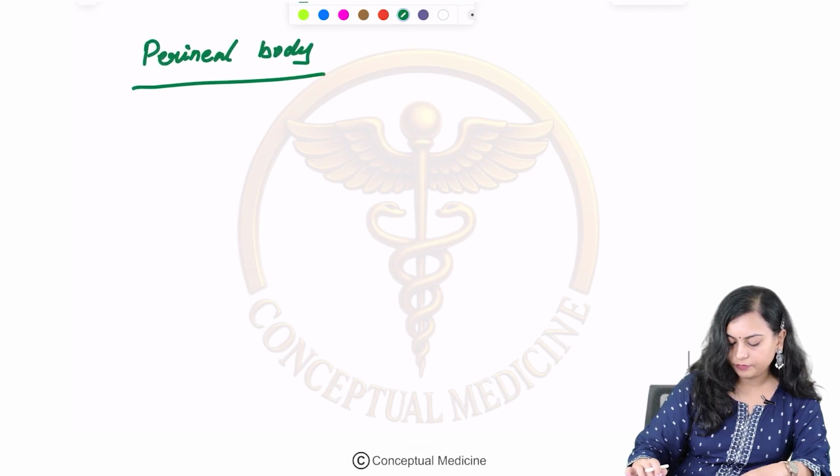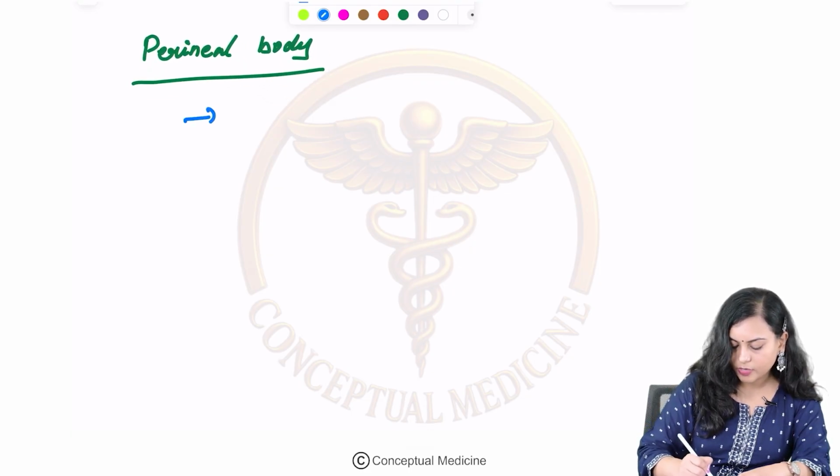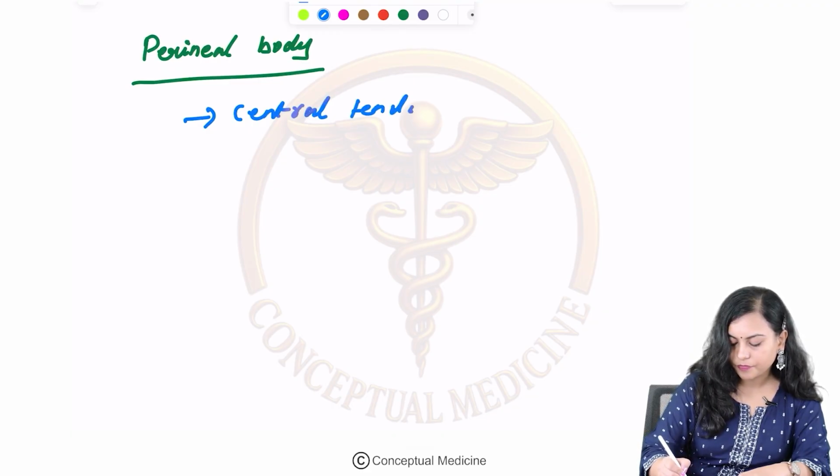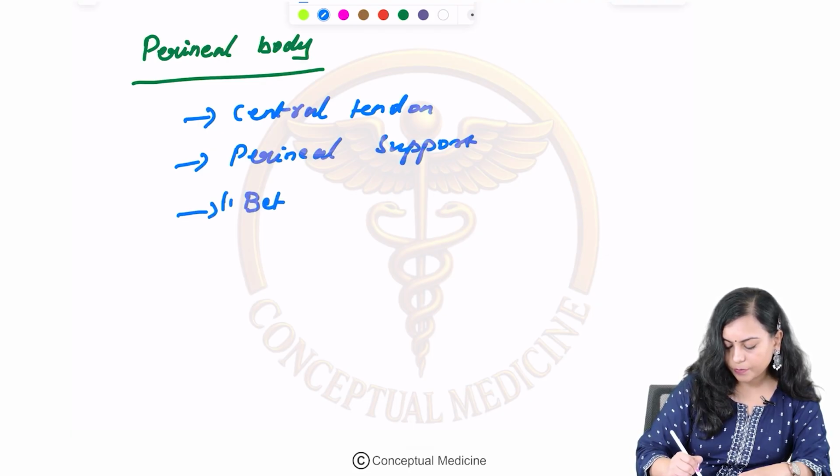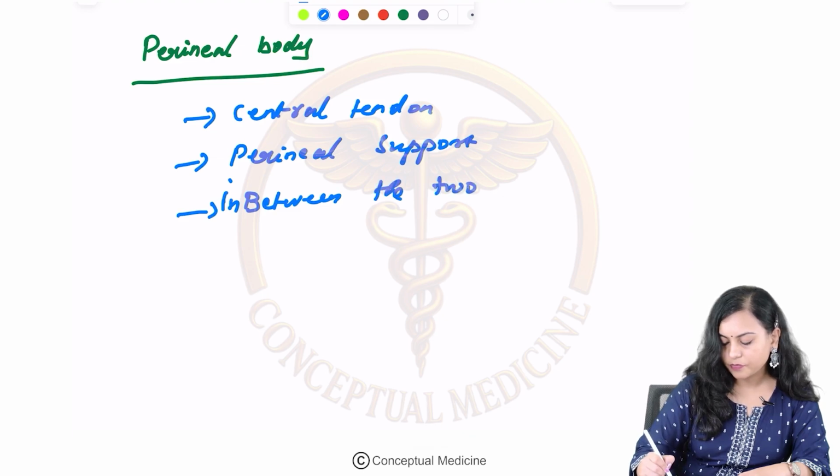Perineal body is known as the central tendon. It provides perineal support, and generally this is located in between the two triangles.